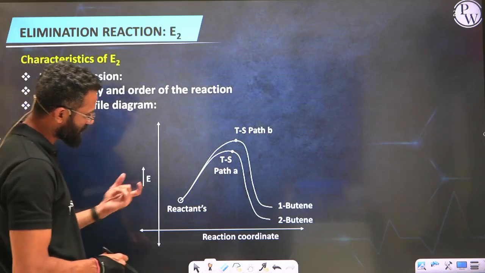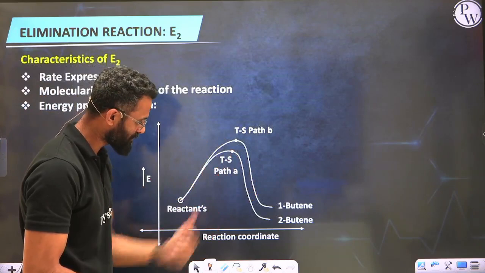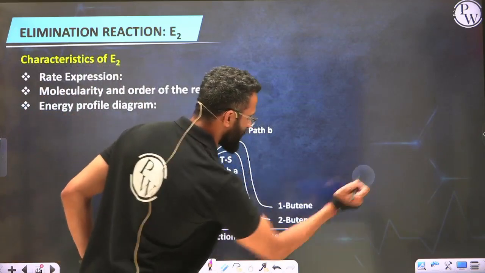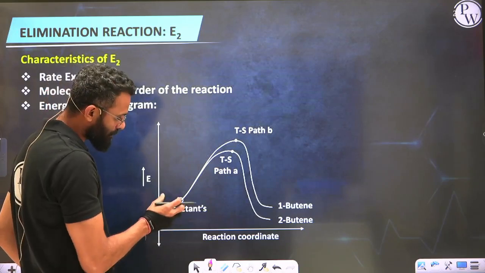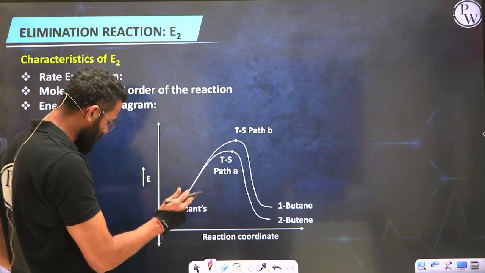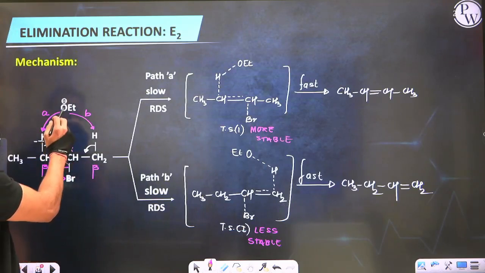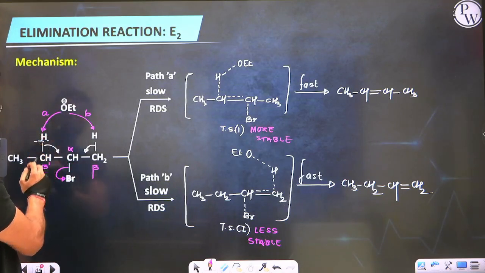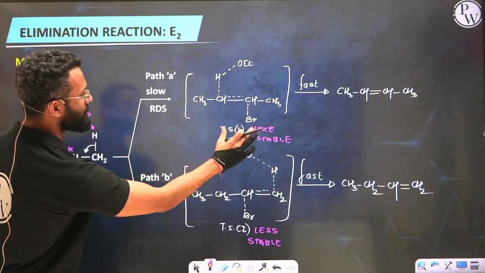So when we are plotting the energies of reactants and product against the progress of reaction, we are getting a curve. What is that curve? Well, we had sec-butyl bromide here. As the base approached, because we had two different beta carbon atoms, beta and beta dash, abstraction of a beta hydrogen from the beta dash carbon results in the formation of a more stable transition state.